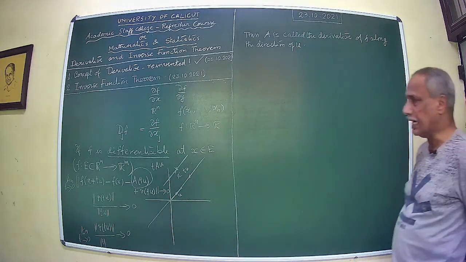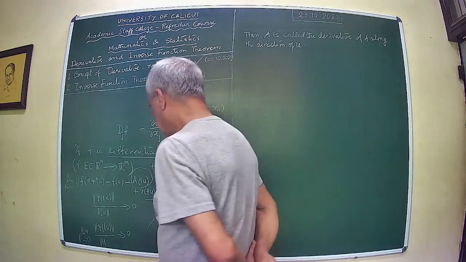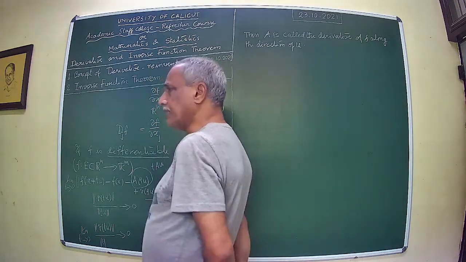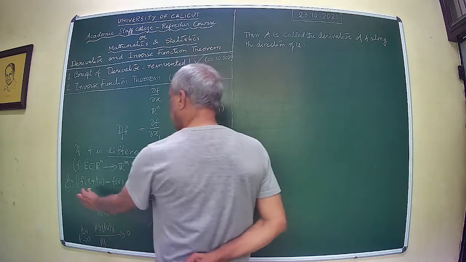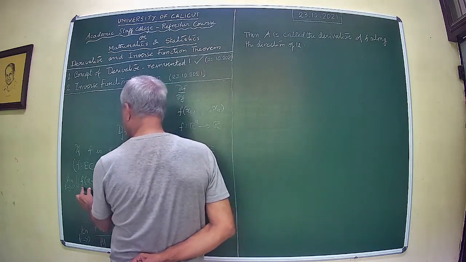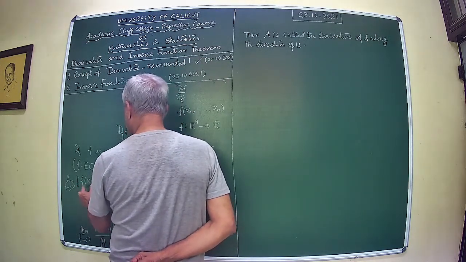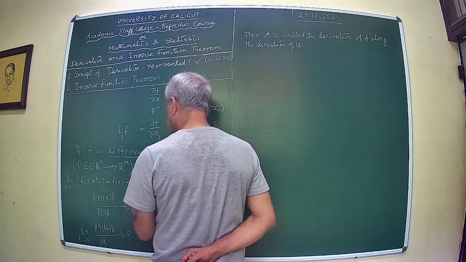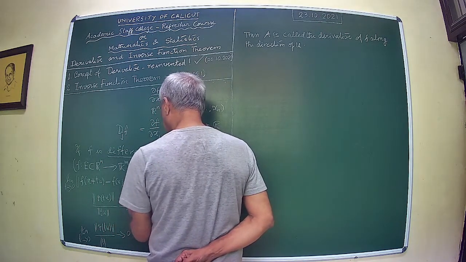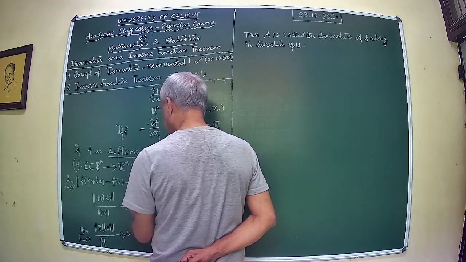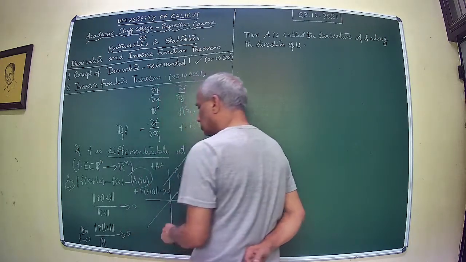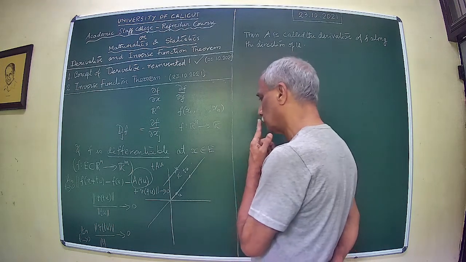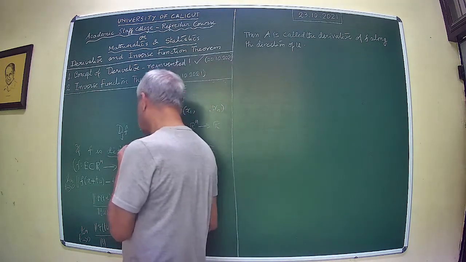So you see that if f is differentiable, then this type of relation holds. That is, the norm of f of x plus h minus f of x minus Ah goes to 0.